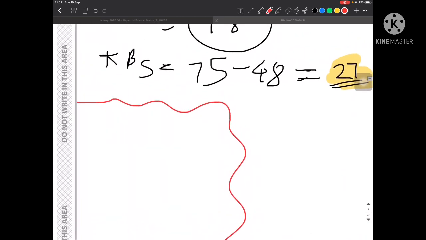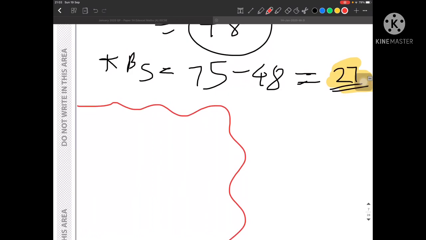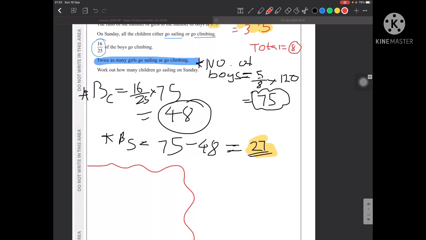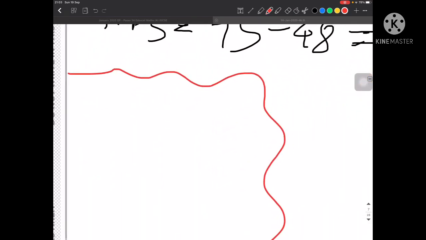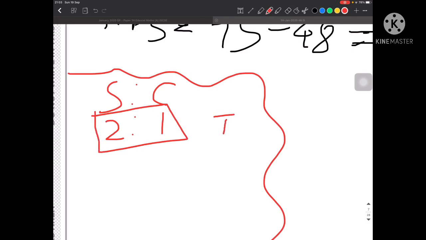The ratio of sailing to climbing is 2:1. And in total we have 3 parts.